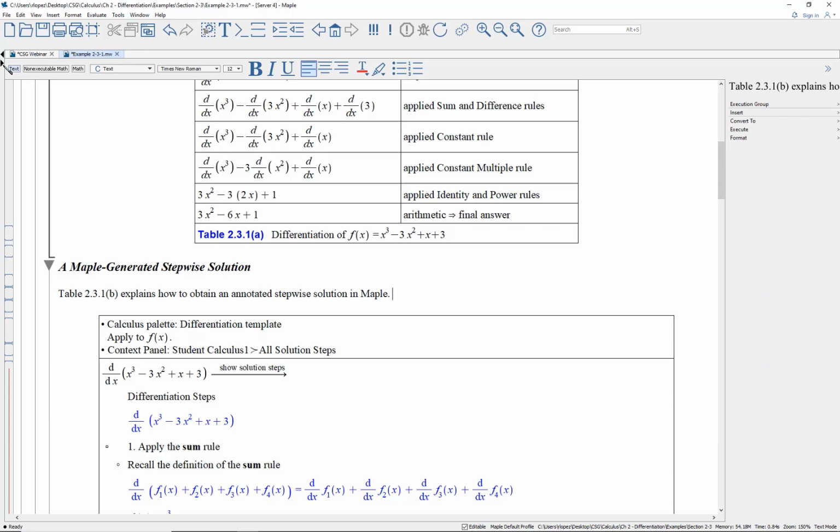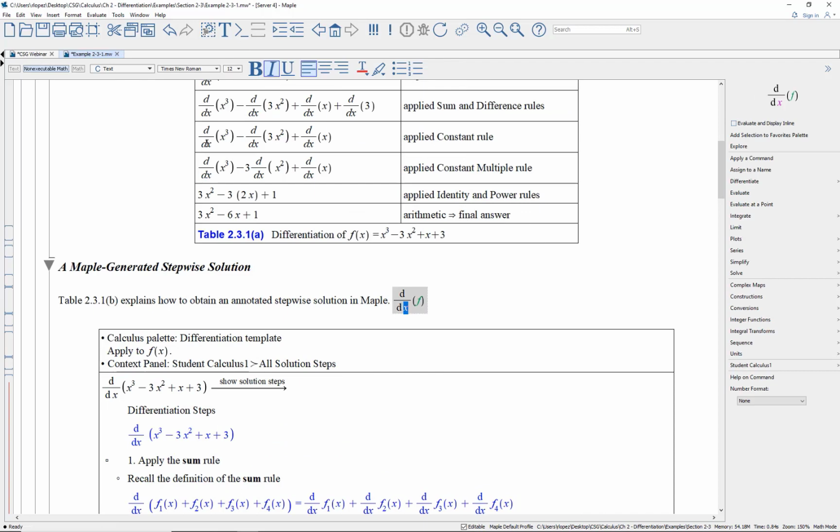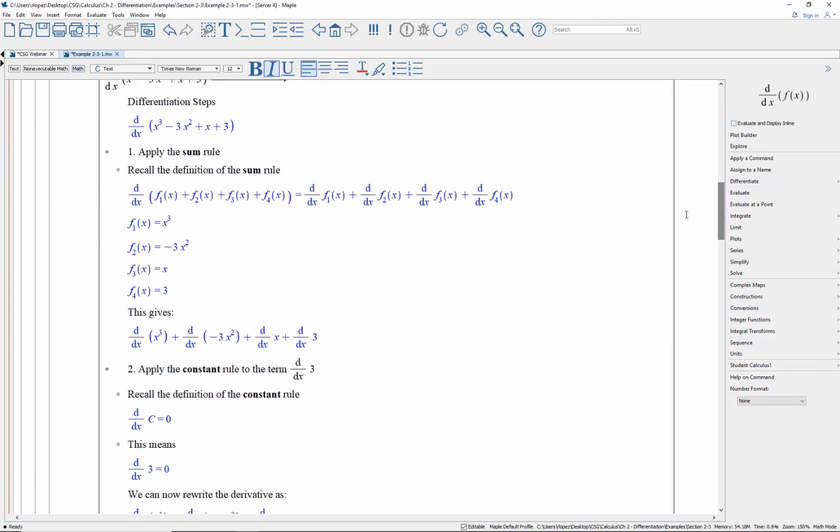We need a derivative operator, so you have the derivative operator, and you apply that to the function f of x. Well, now Maple knows what f of x is. We want to make this active, so make that executable. Down here in Student Calculus 1, you have these options, all solution steps. If you click that, you will get this display.